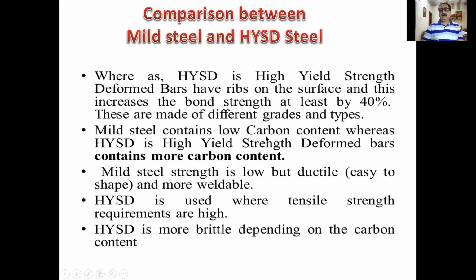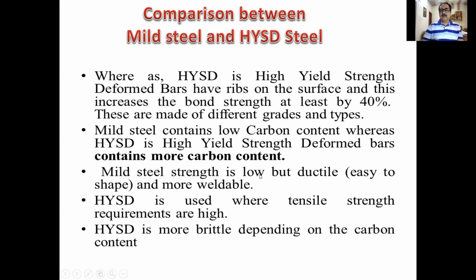Mild steel contains low carbon content, whereas HYSD contains more carbon. As we increase the carbon content, we get more hardness and more strength, but on the other side, the ductility decreases.